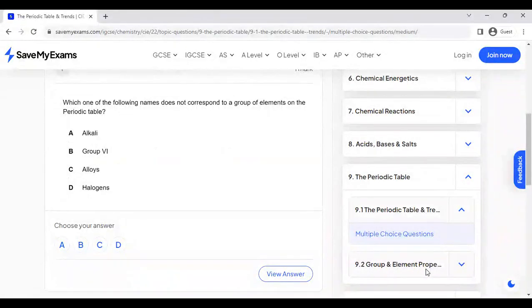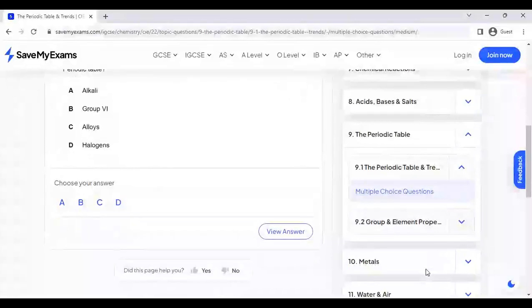Group 3 to 4 are metalloids, while 5 to 7 are non-metals. Halogens are group 7 elements, which refers to the word salt formers. Group 6 are non-metals. Alloys is a name that does not correspond to a group of elements in the periodic table. So our answer is C.